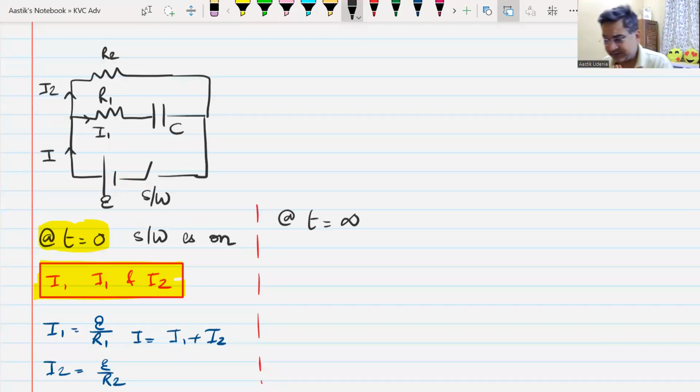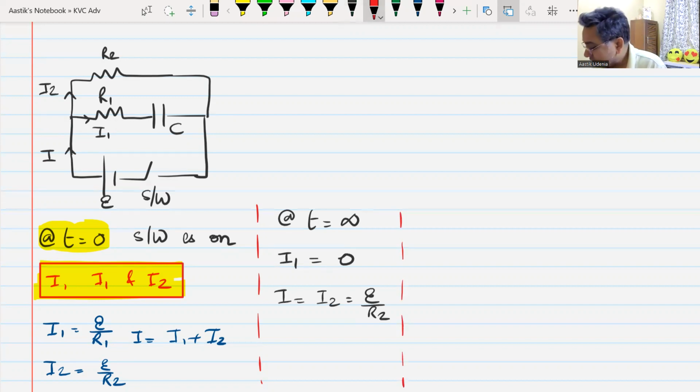Then tell me the answer. Sir, I equals I2 equals E by R2. I1 will be 0 because the capacitor will behave as an open circuit. Yes or no? Yes, sir. And I will become equal to I2, and that will be E by R2. Do we understand this? Understood, sir.